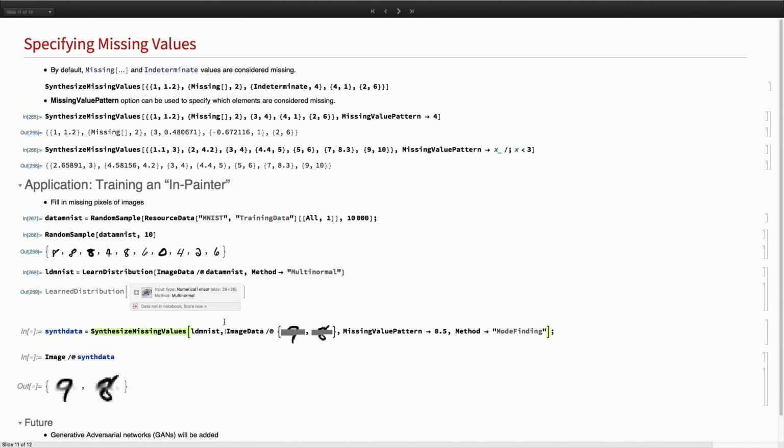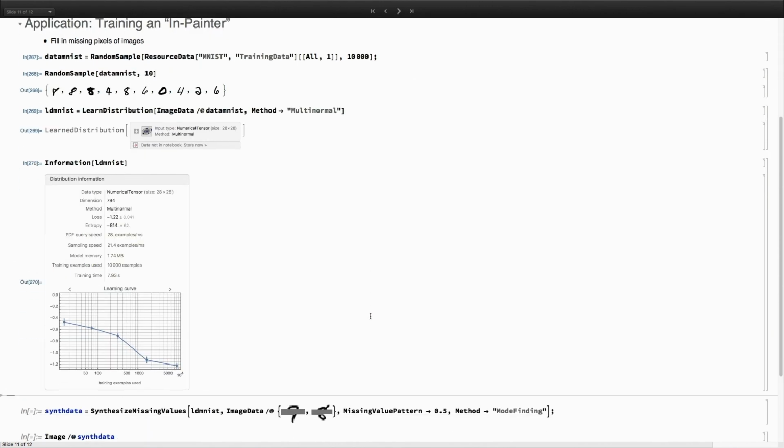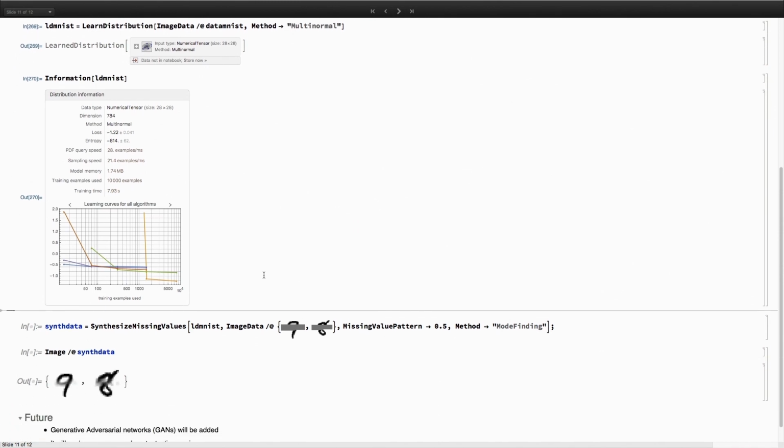One thing is you can also ask for information about the learned distribution, and you can see the learning curve based on the training examples, the loss, the entropy, the different algorithms that it tries, and so on.